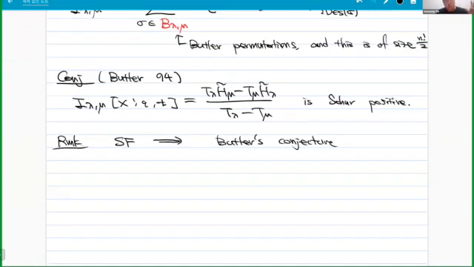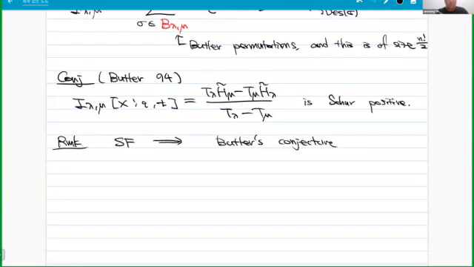But since we don't know the science fiction conjecture, we can ask whether we can prove Butler's conjecture on its own. And our next theorem is a partial progress in that direction.